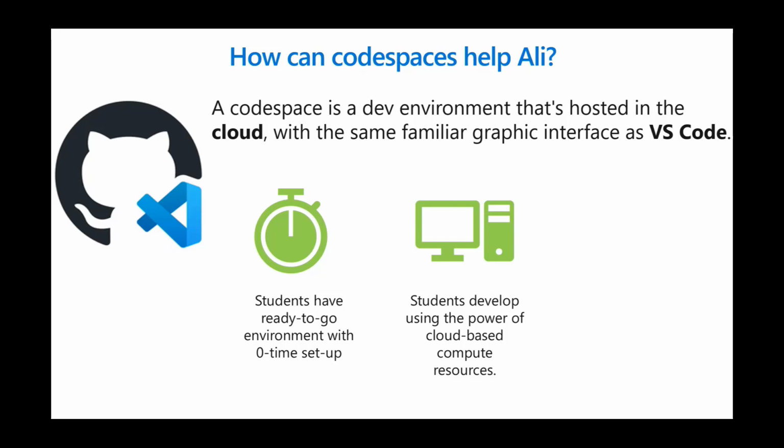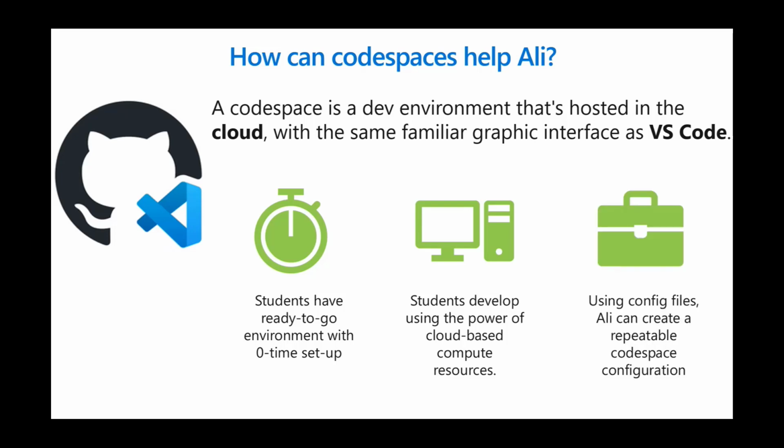So Ali can guarantee to her students a similar user experience to everyone running the same project. And using dev containers and config files, Ali can also create a repeatable Codespace configuration that she can share with students of different courses, for example, or even outside of her course when she speaks at a conference.